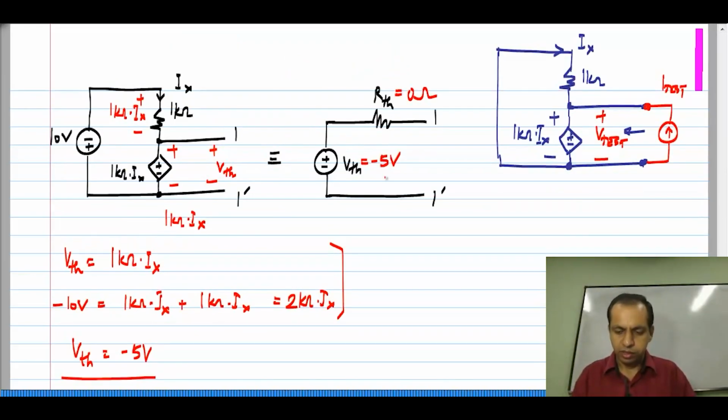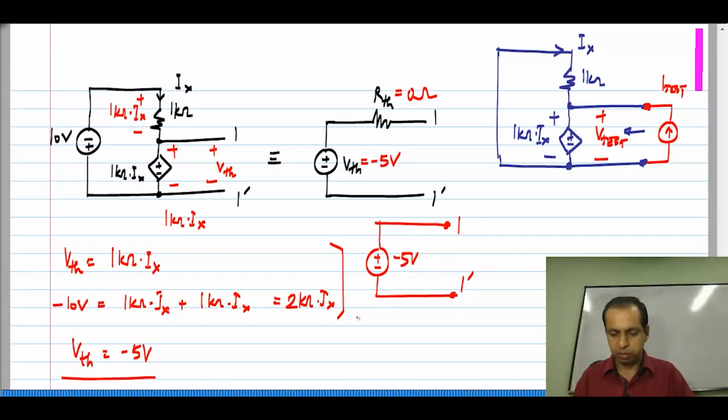So, this is 0 ohm, and the circuit in fact acts like an ideal minus 5 volt voltage source between 1 and 1 prime. Okay. So, if this were a resistor, you would have got some resistance in series with it, but this is a current controlled voltage source. So, the resistance looking back this way happens to be 0.